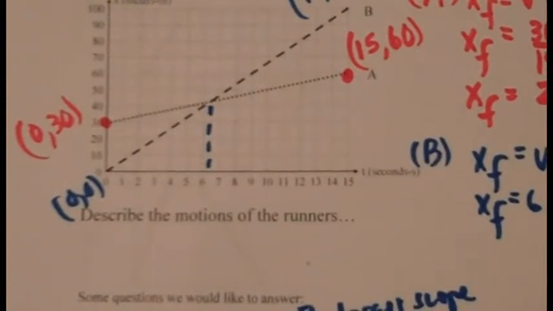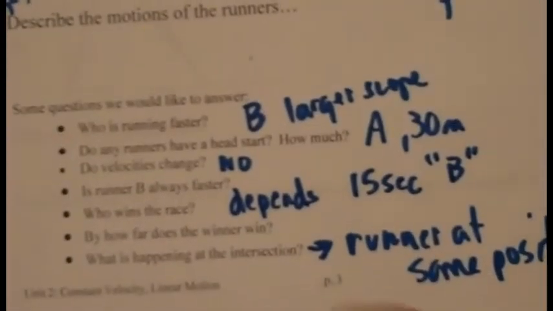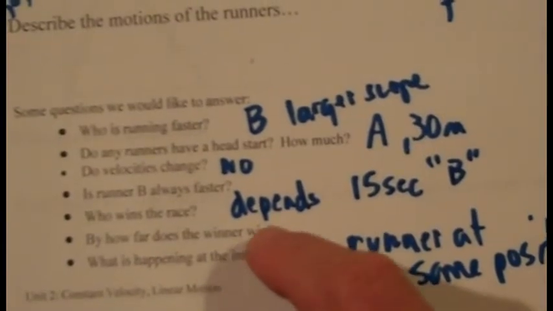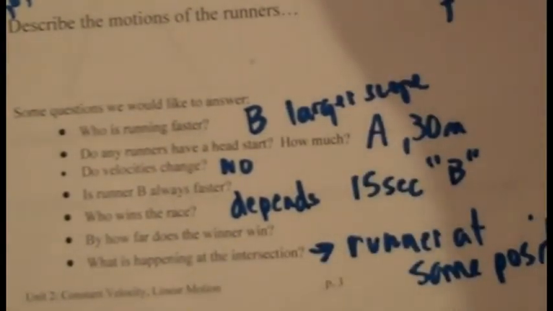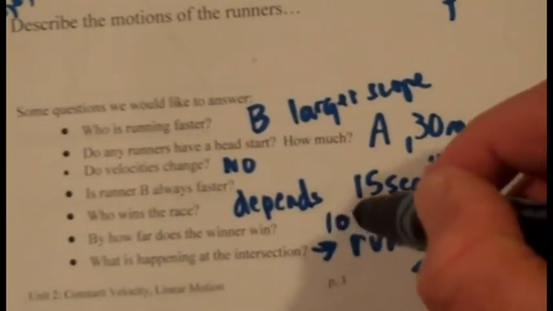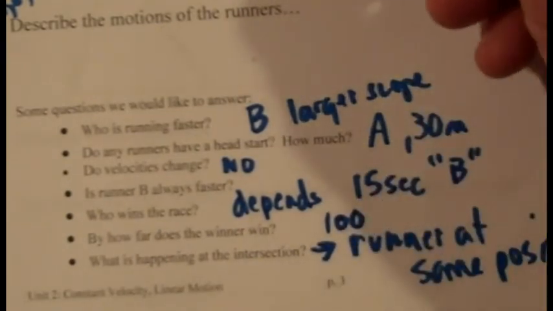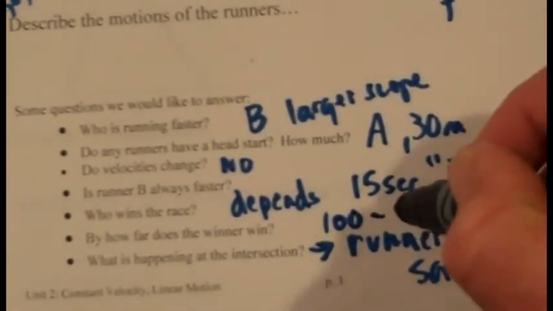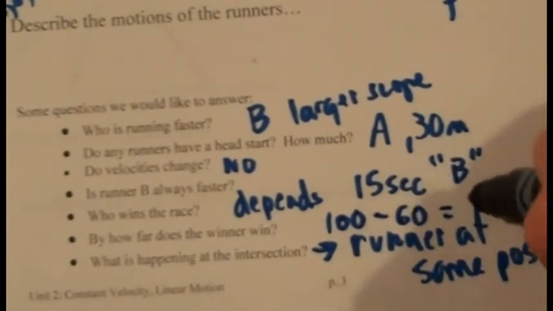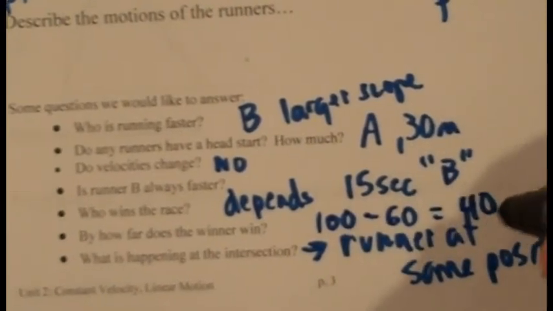Last question here, how far does the winner win? Well, B is at 100 meters at 15 seconds. A, we said, was at 60 meters. So we could subtract those two, 40 meters.